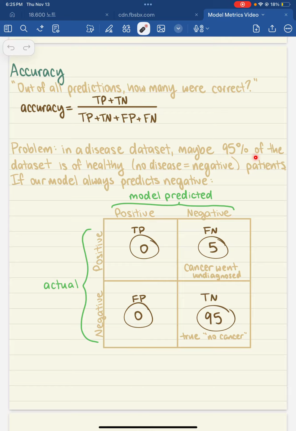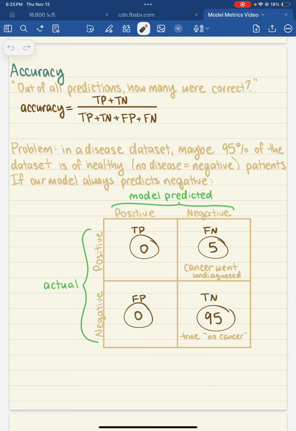So if 95% of our data set is of healthy, no cancer patients, but then 5% of the data set that we're training our model on are patients who do have cancer, well, then there's a problem here. And that's that if we're optimizing for accuracy, our model could just always say that someone doesn't have cancer, and then it would get 95% accuracy, which is quite good by most standards.